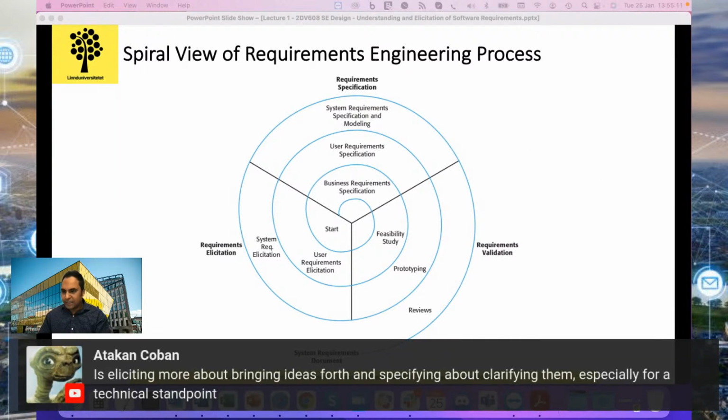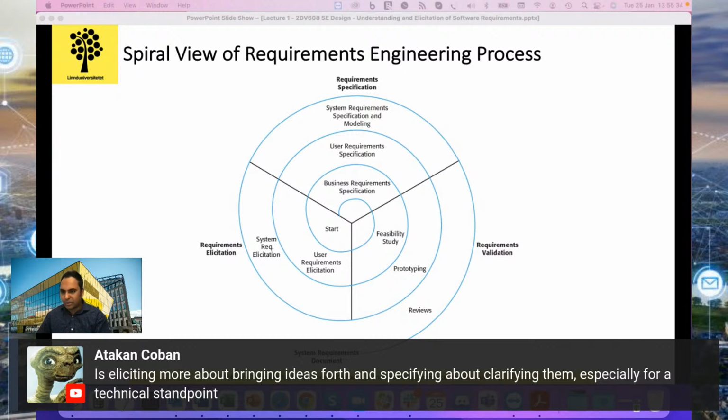And then there was another comment or question: is eliciting more about bringing ideas forth, and specifying about clarifying them?